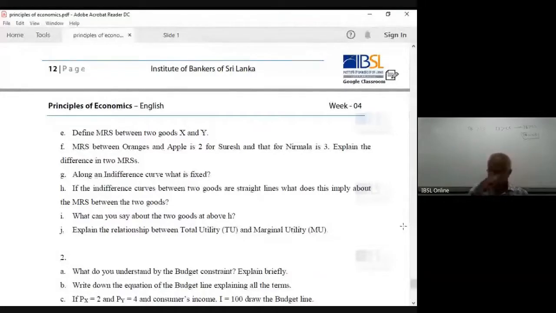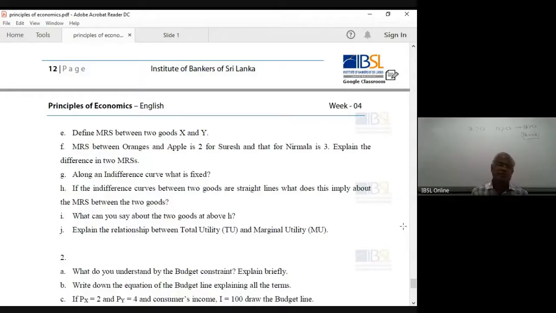On one indifference curve, the slope is constant, where the consumer is willing to substitute at the same rate to get 1 unit of the other good. Constant slope means constant MRS. If the MRS is 2, at every point he is willing to substitute 2 to get 1 next, 2 to get 1 next, because it's a straight line.